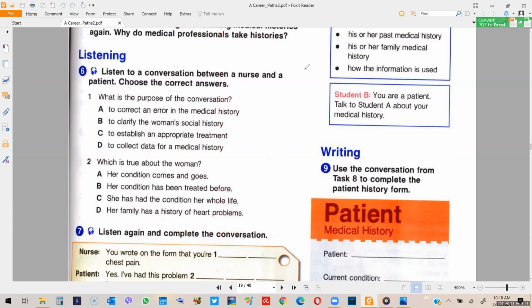So question number 1, what is the purpose of the conversation? Question number 2, which is true about the woman? We are going to listen twice, then we are going to answer the questions. Listen, please.